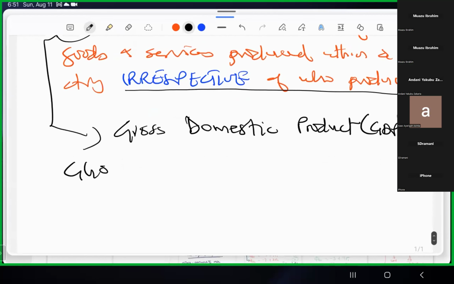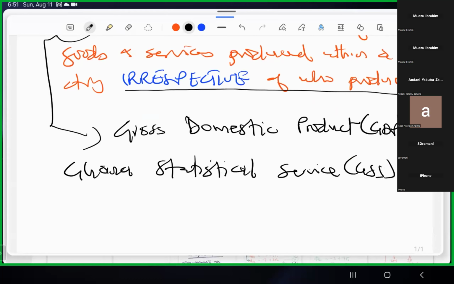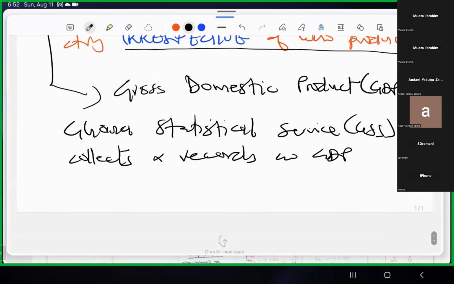So we have the Ghana Statistical Service in charge of collecting and recording our GDP. That is one of their functions. So they keep track of all the production of goods and services that are being done.